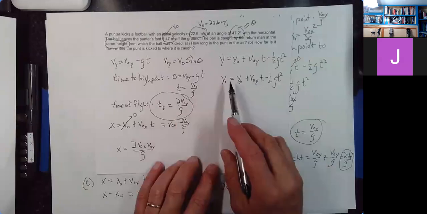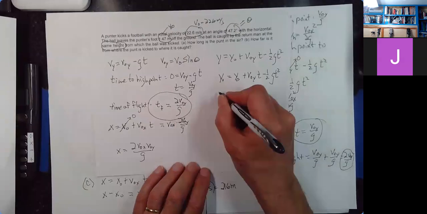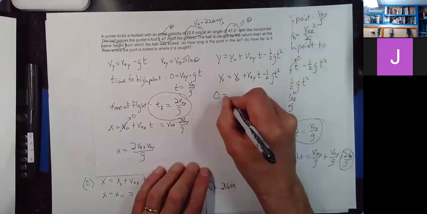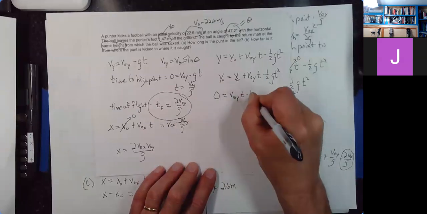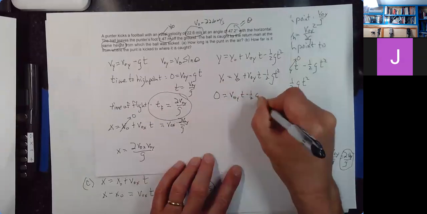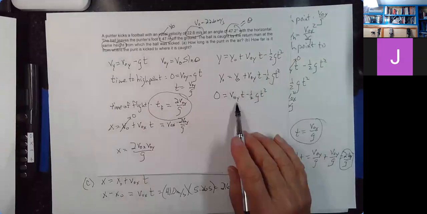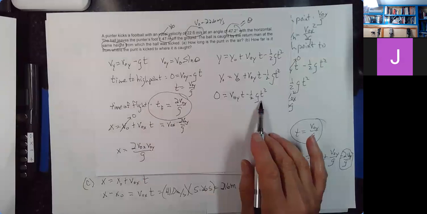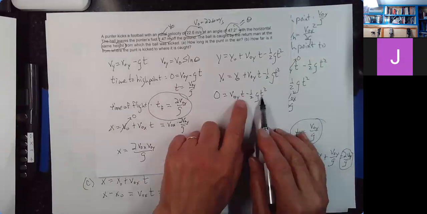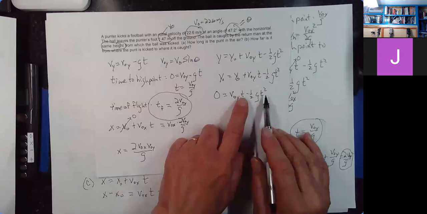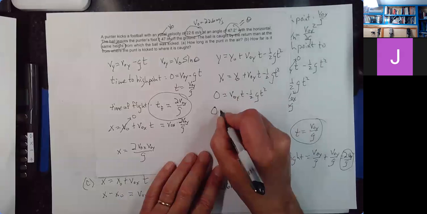Since I've got y naughts on each side, I can subtract those away, and I get 0 equals v naught y t minus 1/2 g t squared. I'm solving for time. This is a quadratic equation of sorts, but since t is in every term, I can factor the t out.